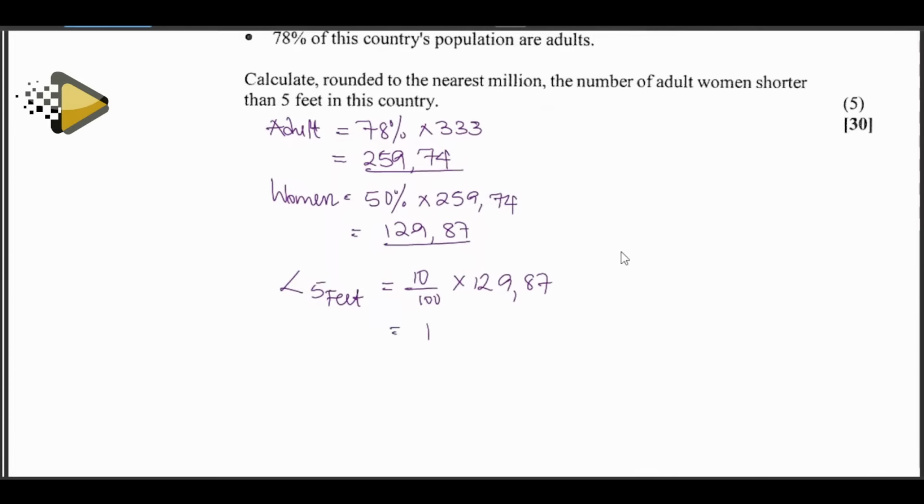So we end up having 12,98. But remember, they said to the nearest million. So meaning we have 13 million.